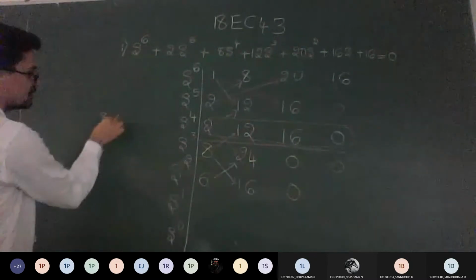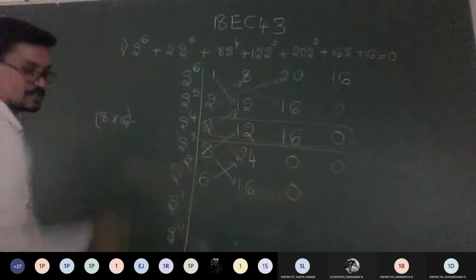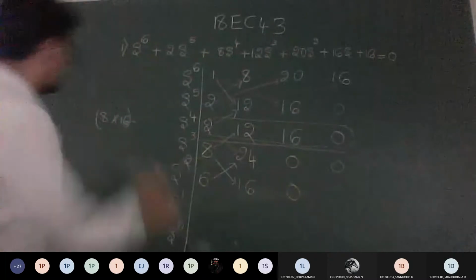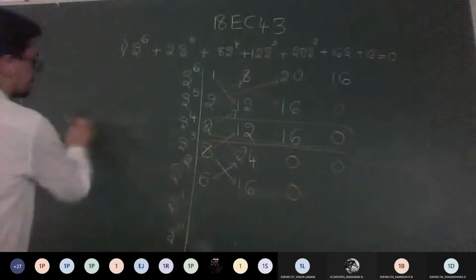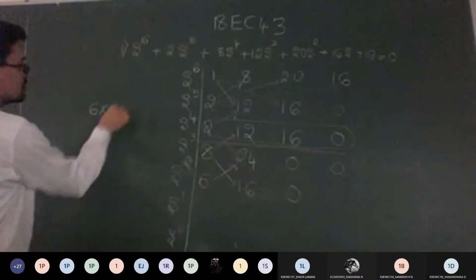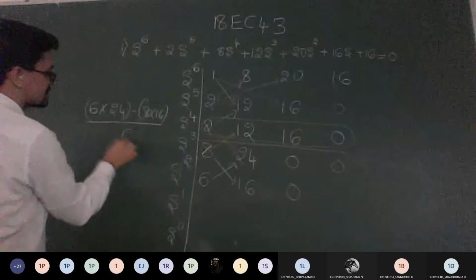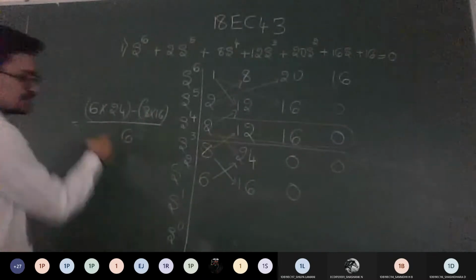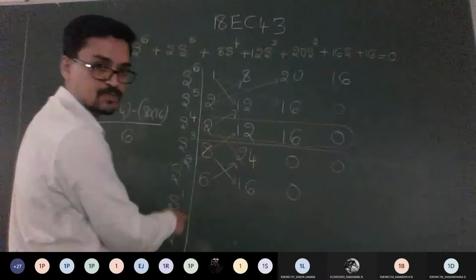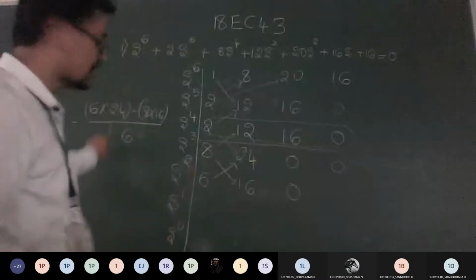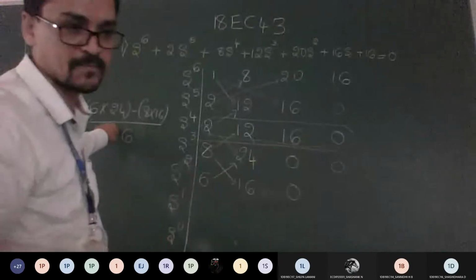You write 6 into 24 minus 8 into 16, whole divided by 6. Like this you need to show, then that answer is supposed to be filled here. So don't write blindly, everyone. You need to show the steps also.